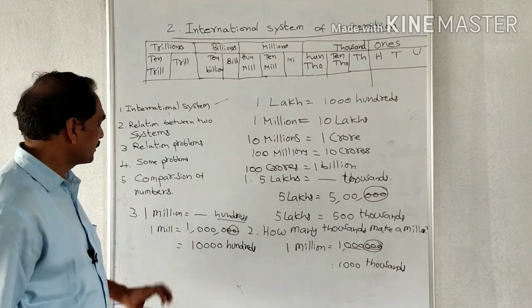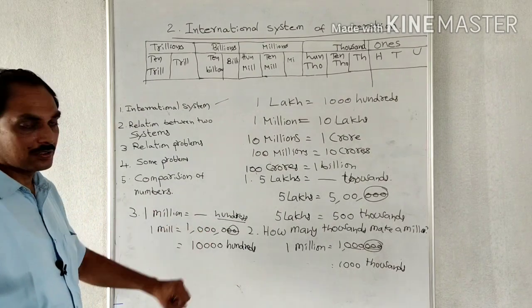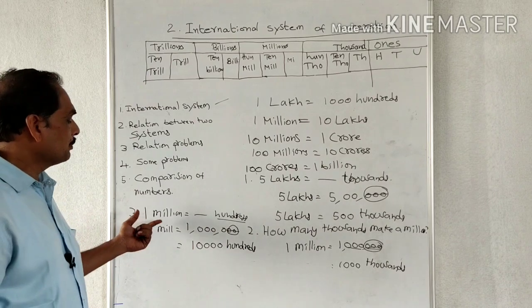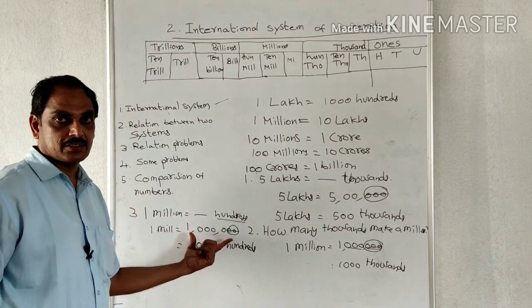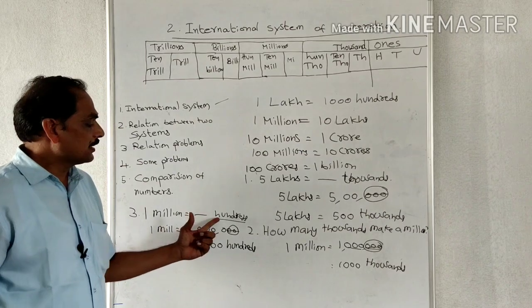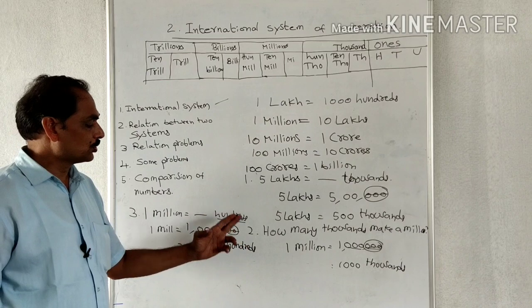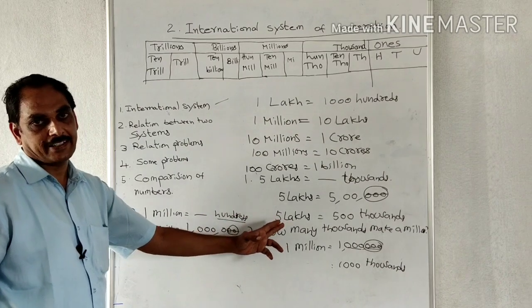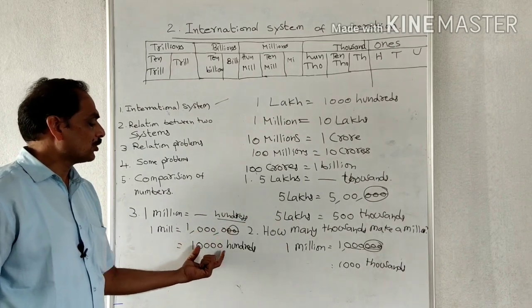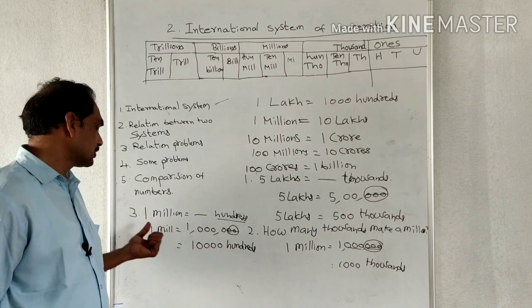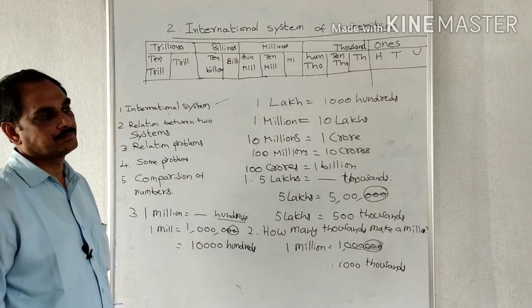This is the third problem. 1 million has 7 digits, and to get the number of hundreds in 1 million, we erase 2 zeros from the right side, we get 10,000 hundreds, which is equal to 1 million.